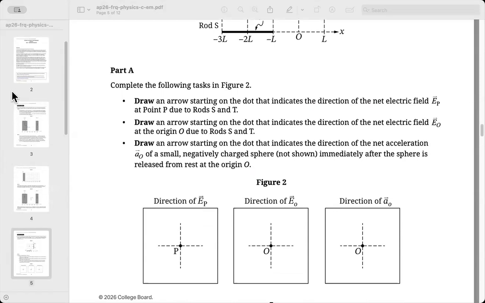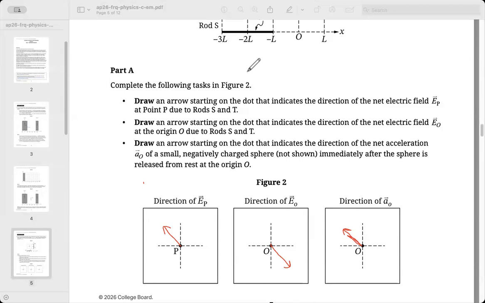Well, both of the electric fields are going to be away from the two rods. We don't care about magnitude, so all of these are going to look just like this. They're all going to be at 45-degree angles because point P and the origin are both equal distance away from both of the rods.